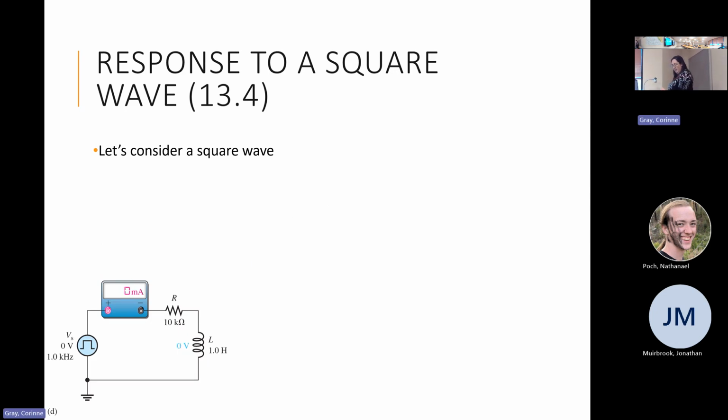So we're going to consider a square wave. I understand this is technically a little closer to AC, but it does start getting us into this idea of how our inductor is going to behave. Here we have our source. It's got a little square in it to indicate that it is a square wave.